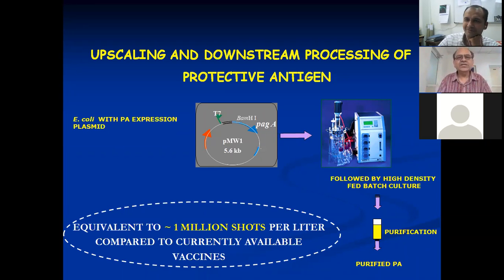Thank you very much. Then I decided to write 10 emails to 10 big biopharma companies and tell them, we have cloned, overexpressed, and bioprocess optimized the production of protective antigen. It gives protection in the animal model.